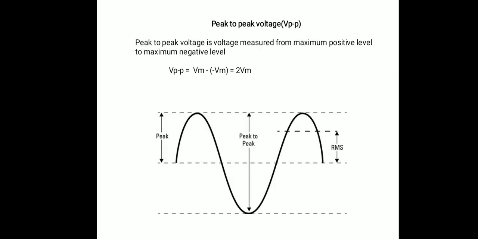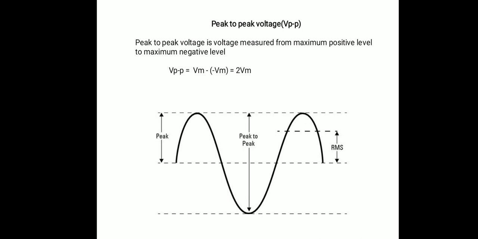Then peak to peak voltage, and the notation is VPP. Peak to peak voltage is the voltage measured from the maximum positive level to the maximum negative level. If you see in the diagram, peak to peak voltage is the voltage measured between the positive peak level and the negative peak level, between the positive peak node and the negative peak node.